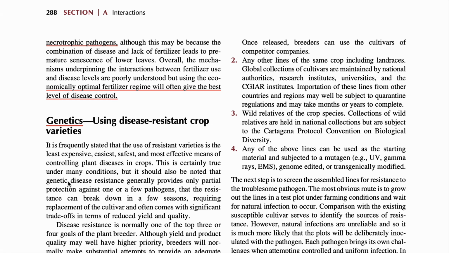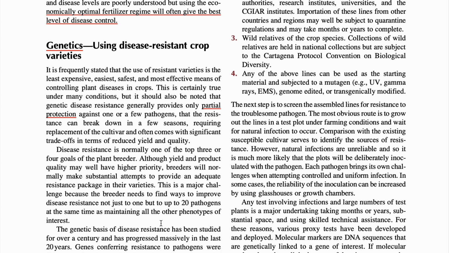This is certainly true under many conditions, but it should also be noted that genetic disease resistance generally provides only partial protection against one or few pathogens, that the resistance can break down in a few seasons, requiring replacement of the cultivar, and often comes with significant trade-offs in terms of reduced yield and quality.